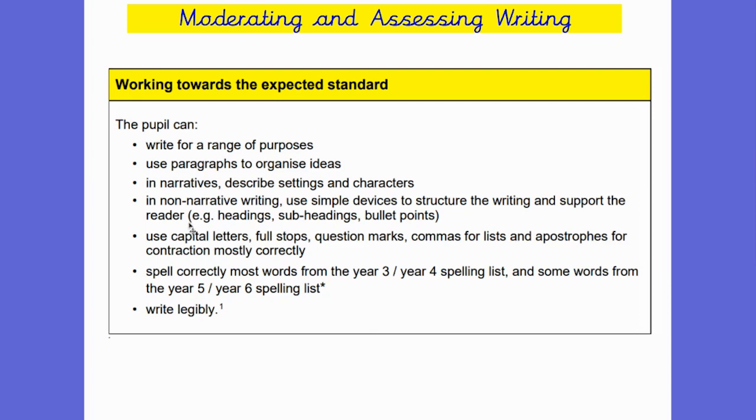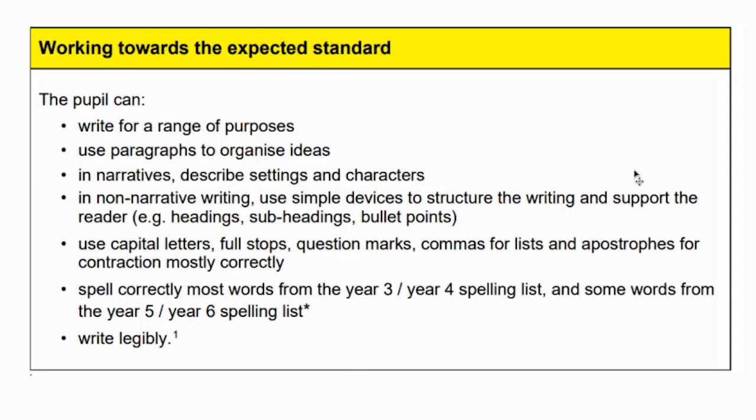So for working towards the expected standard, the TAF states that the children must write for a range of purposes. They must use paragraphs to begin to organize ideas. In narratives, they should be able to describe settings and characters. In non-narratives, they should be able to use simple devices of structure, such as headings and subheadings.